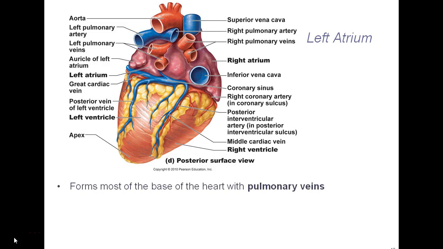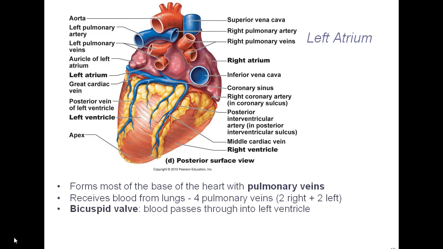This forms most of the base of the heart, and it articulates with the pulmonary veins. That means it's receiving blood from the lungs. Remember that the word veins refers to blood that's coming towards the heart. So even though this blood is oxygenated, it is coming towards the heart, which is a unique feature.